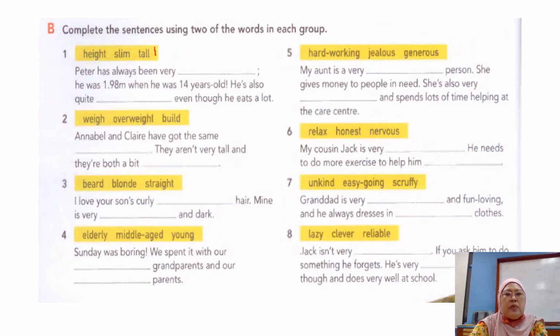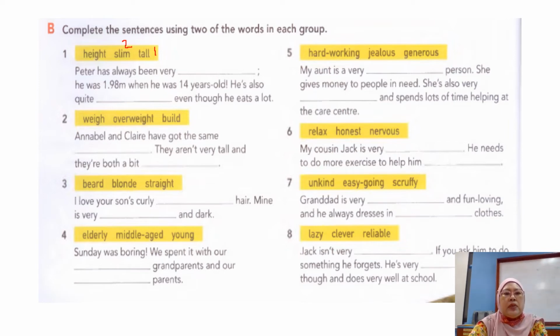So I put here number 1 for the first blank. When he was 14 years old, he was also quite, even though he is tall. Means that he is tall, but he's not fat. That means he is also quite slim. So I put here number 2 for the second blank.